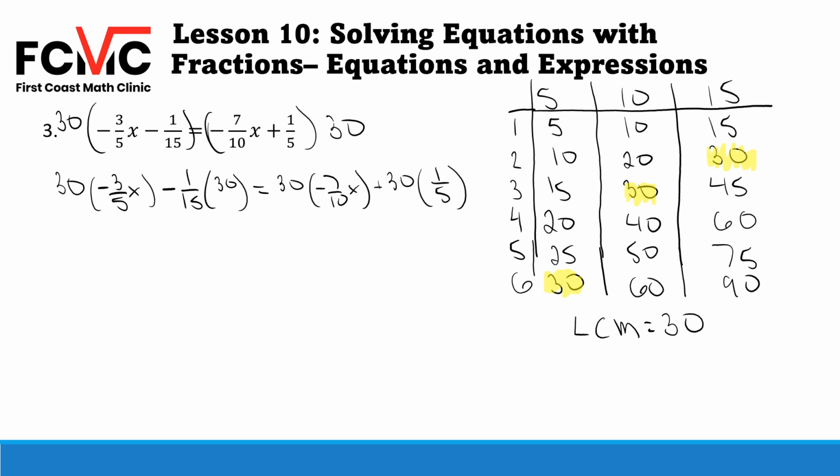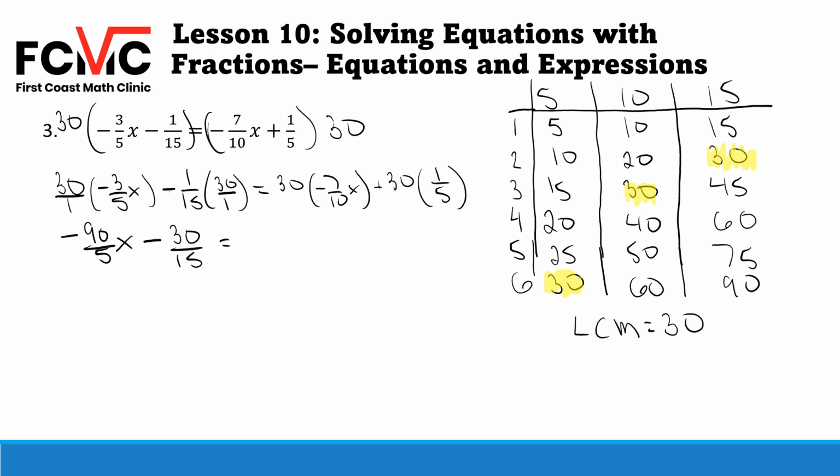So if you multiply this straight across, 30 over 1 times negative 3/5, we're going to get negative 90/5 x. And then same thing here, negative 1/15 times 30 is going to give us negative 30 over 15.